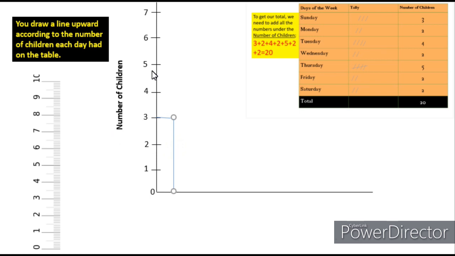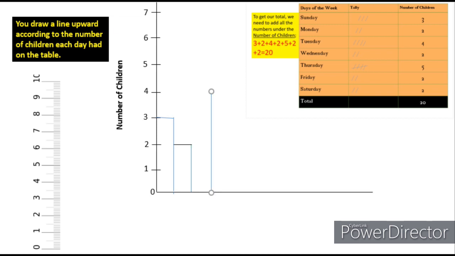Let us draw another one for Monday. Monday, you remember you have your dot, so you draw it. Monday had 2, so 2 should be here. You can see the 2 here. Then you draw another one to cross like this. Then the next one is Tuesday. Tuesday had 4, so I'm going to draw my line for Tuesday. So Tuesday 4.